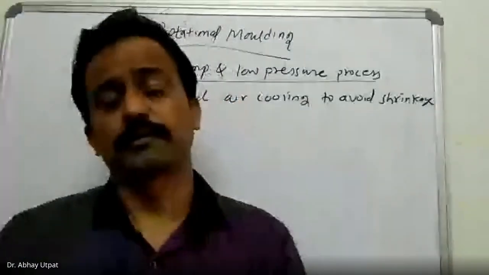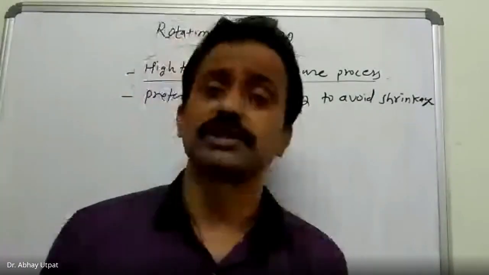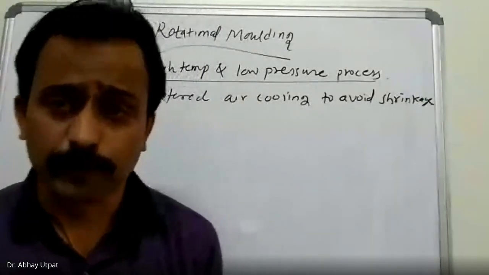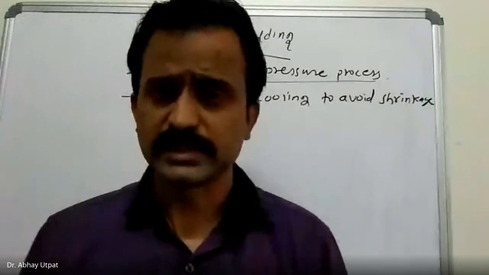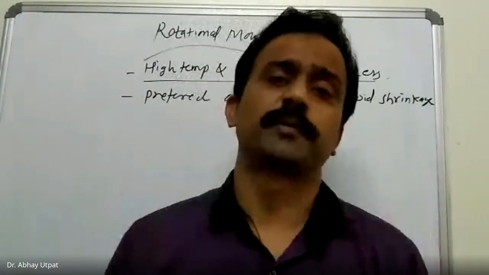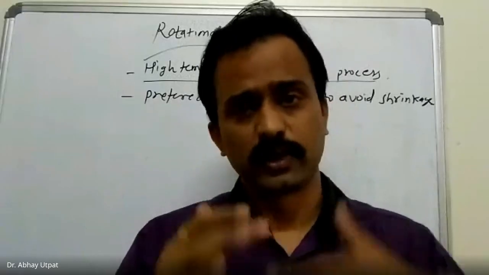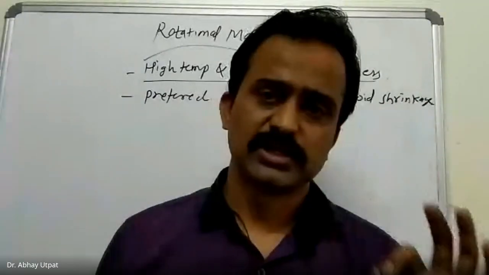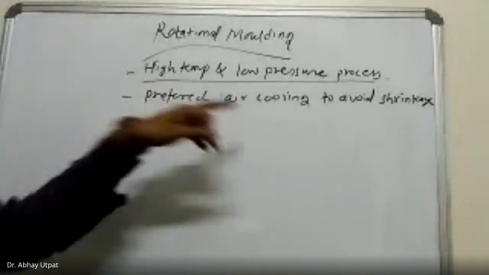The powder will not reach the proper plasticized or semi-solid state, and there may be bubble formation. Hence, the mold temperature is maintained at a constant and optimum level so that your product will be of good quality after cooling. Here, cooling is carried out by air cooling, as I told you.